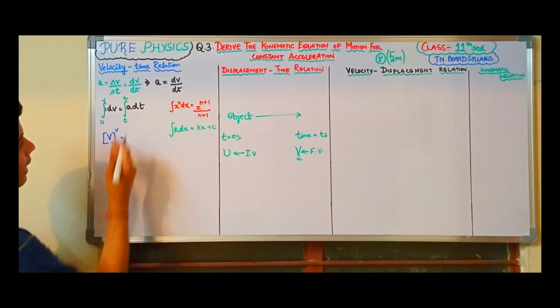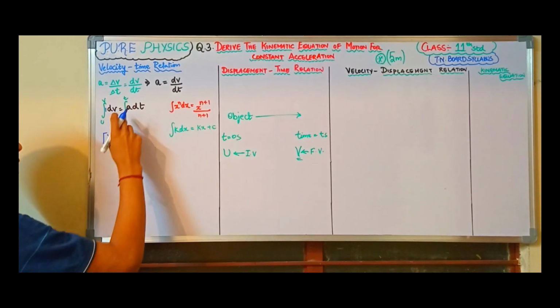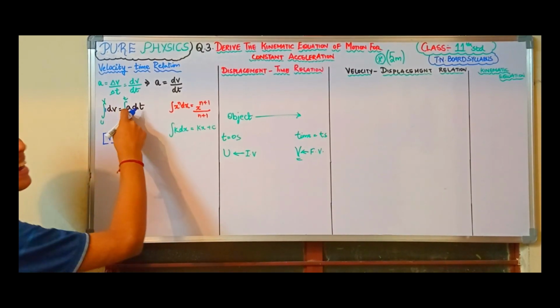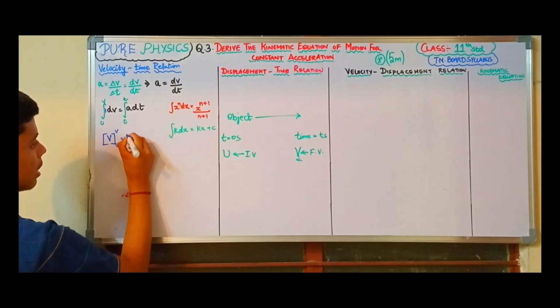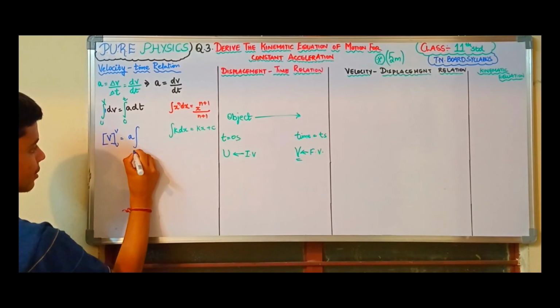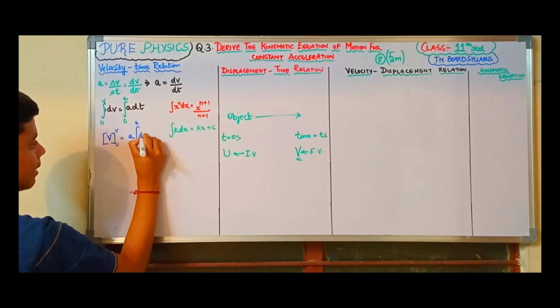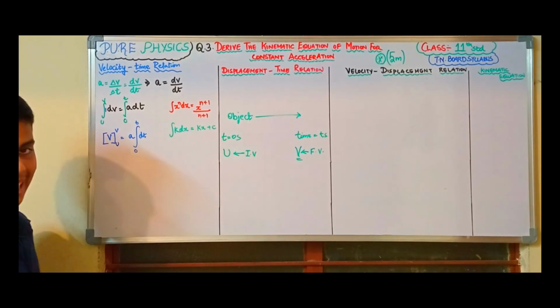Now you will integrate this a dt. If you have a constant inside an integration, you can take that constant outside of the integral symbol, which is a times the integration of dt from 0 to t. Integration of dt is t.